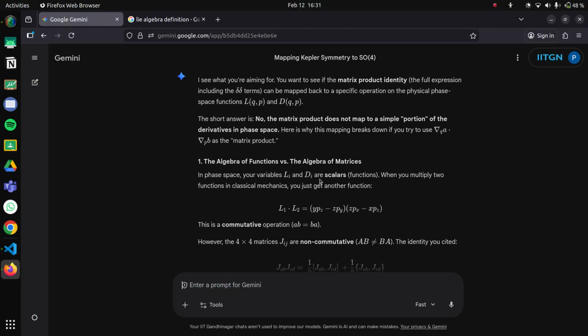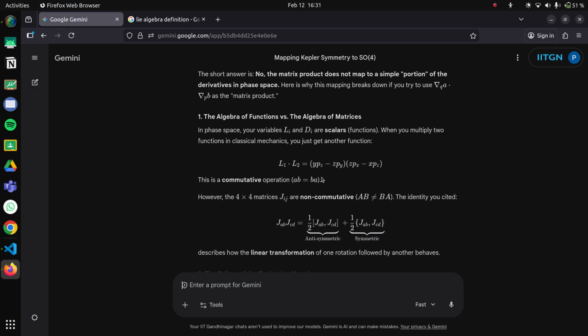Mapped back to a specific operation in the physical plane. Okay, these are scalars. When you multiply two functions in classical mechanics, you just get another function. It's a commutative operation. However, the cross commutator is fine.